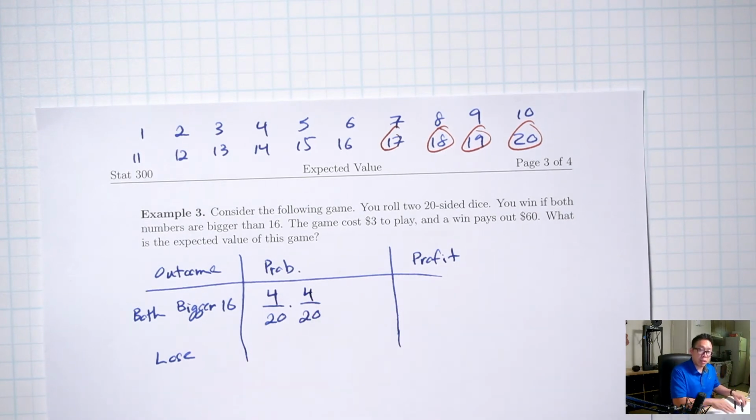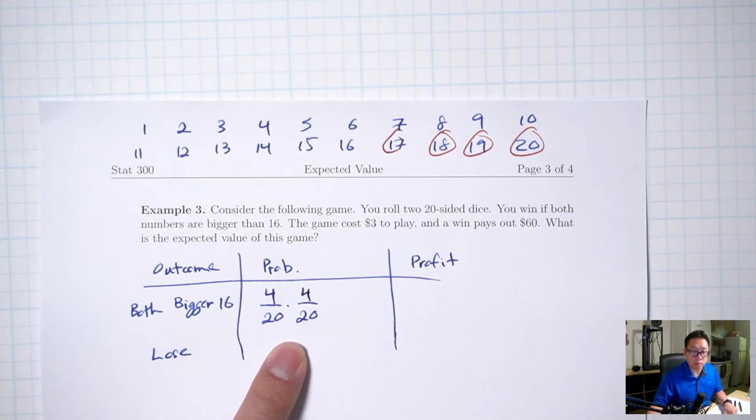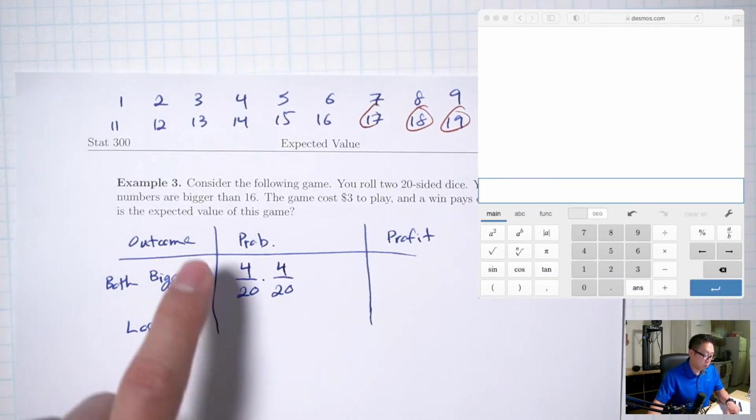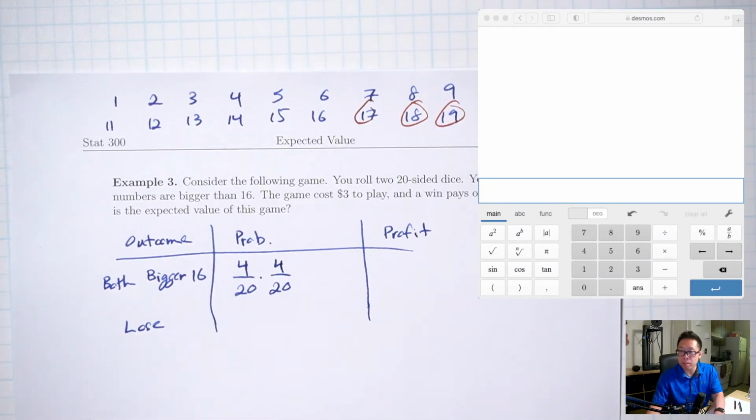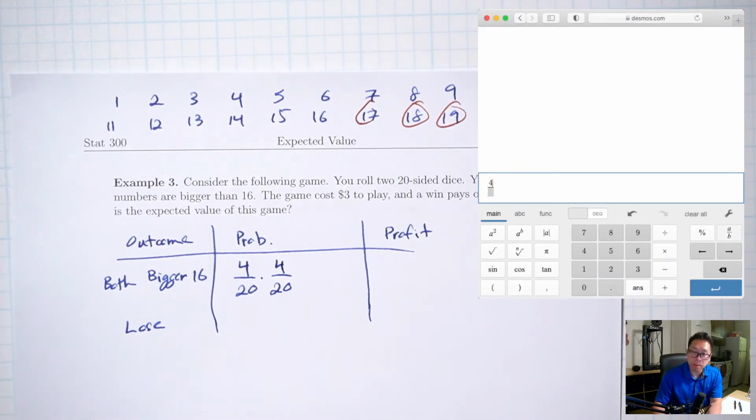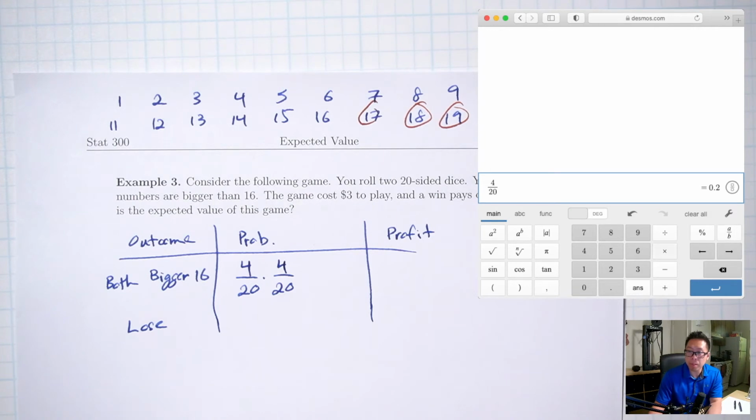Okay, and we have to actually compute this on a calculator. So 4 over 20. I'm going to click on the fraction button, 4 over 20. Move the cursor to the right. Times. You can click on the times button, or use the star, the symbol that's on your 8, Shift 8.